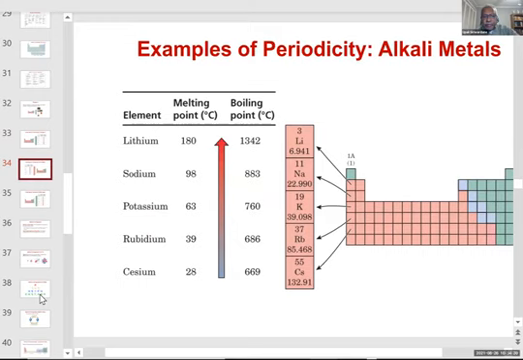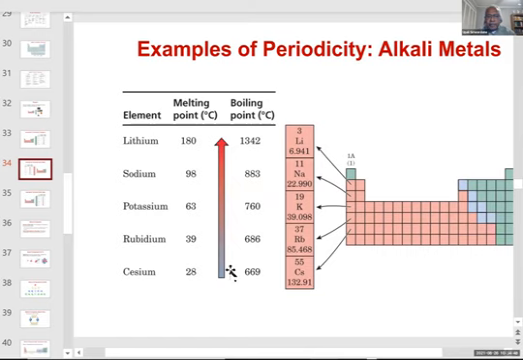Lithium also, group 1, the alkali metals, group 1A or group 1, show the other way around.